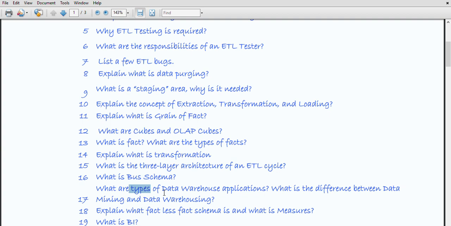And the difference between data warehouse and data mining is that the data warehouse loads the different data into the database.